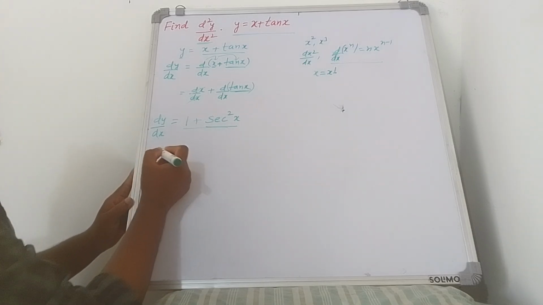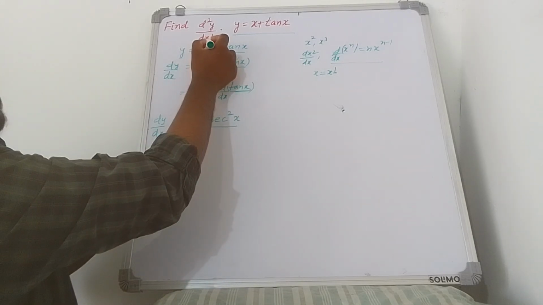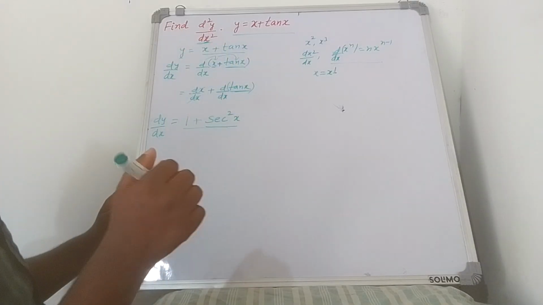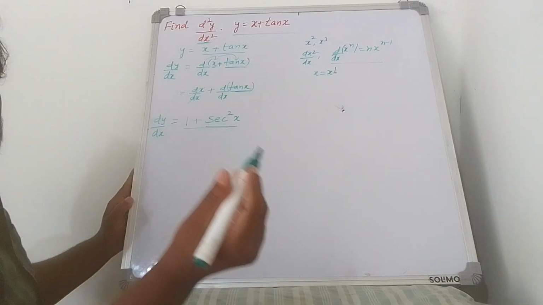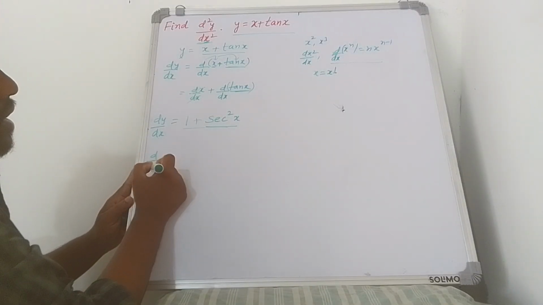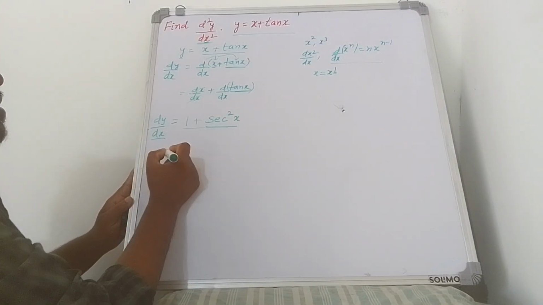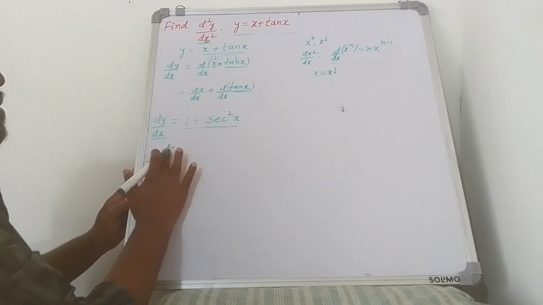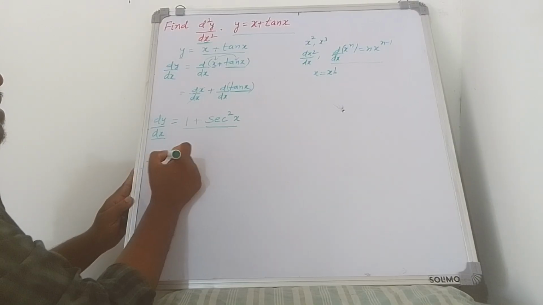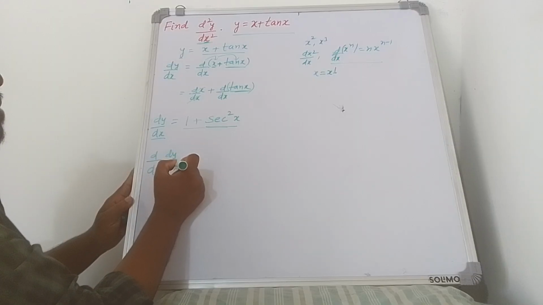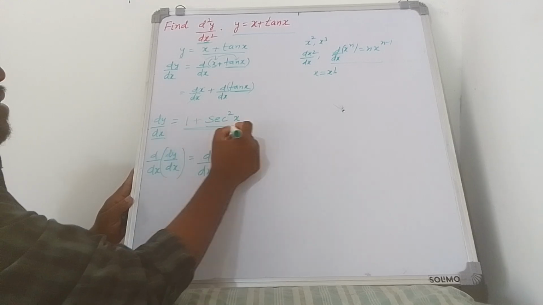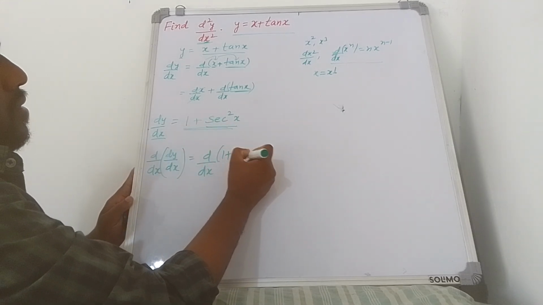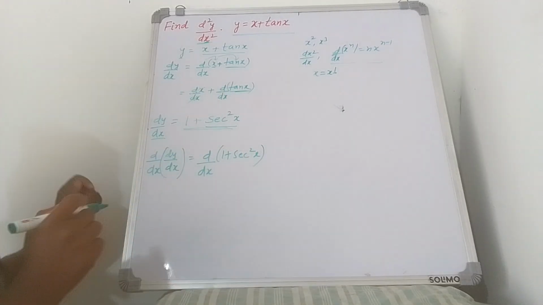So once again means, dx is there in the denominator, so we have to differentiate this with respect to x once again. Differentiating with respect to x means d by dx of this dy by dx once again. d by dx of dy by dx is equal to d by dx of this whole thing, 1 plus secant square x.